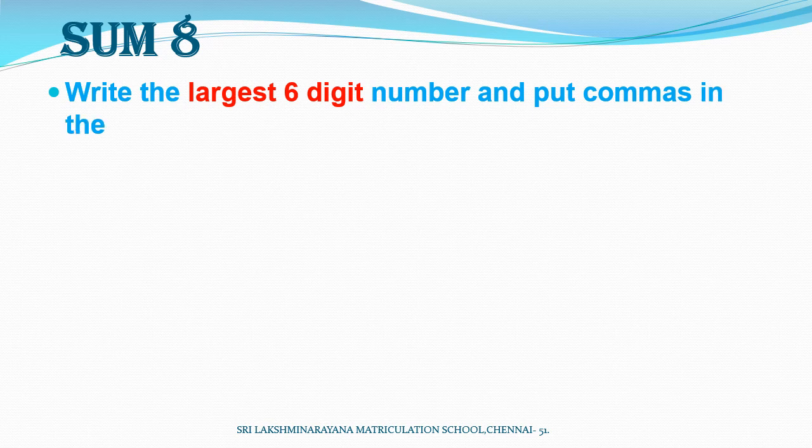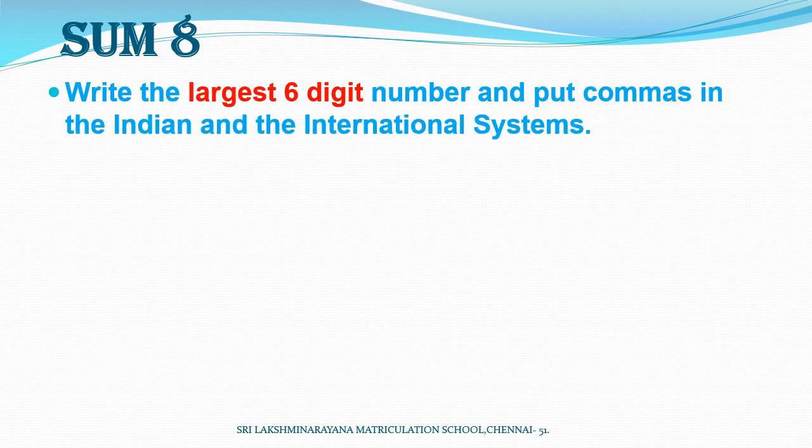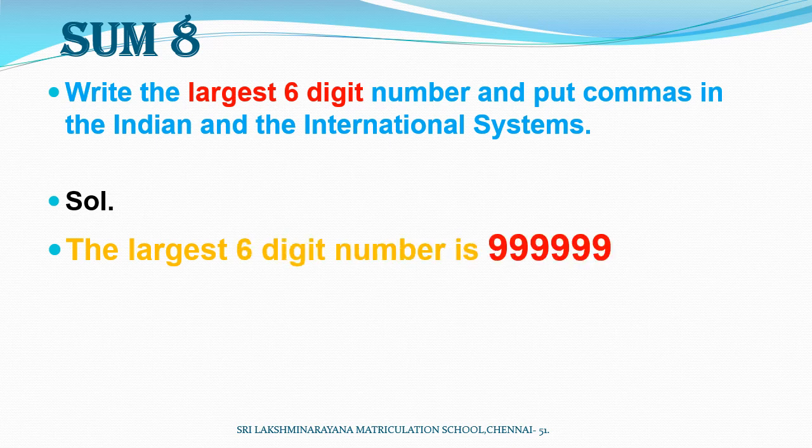Next sum, number 8. Write the largest 6-digit number and put the commas in the Indian as well as the international system. Children, tell me which is the largest 6-digit number? So largest means we have to write in the form of nines. Here it is 6 digits, so we must write 6 nines.